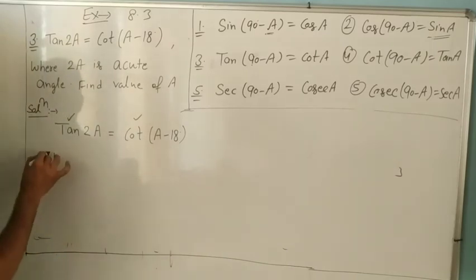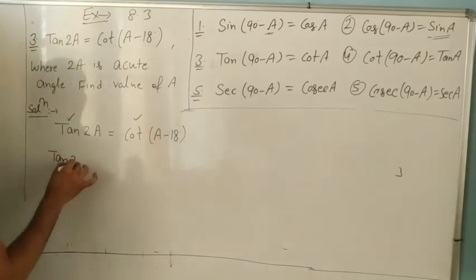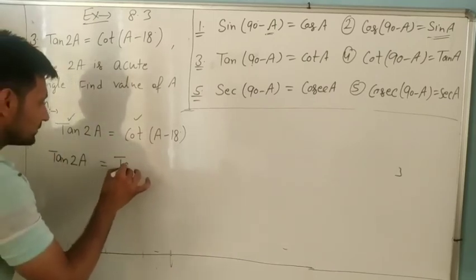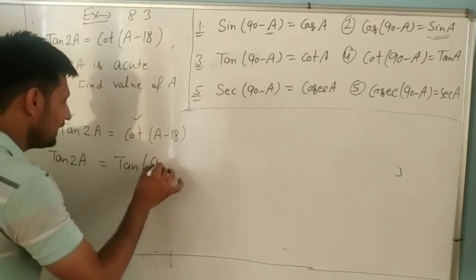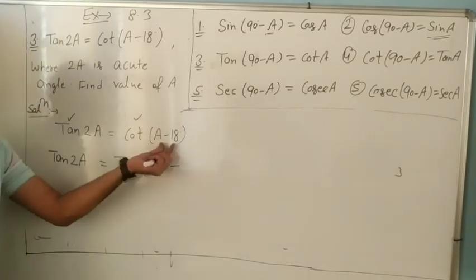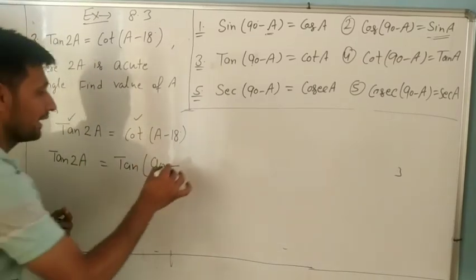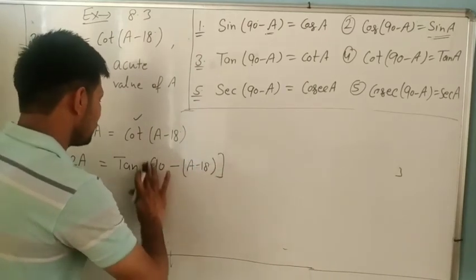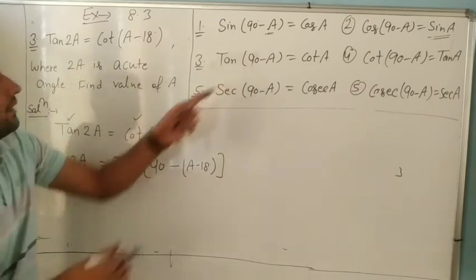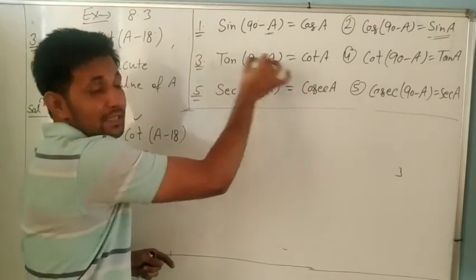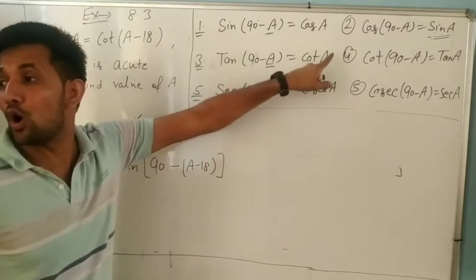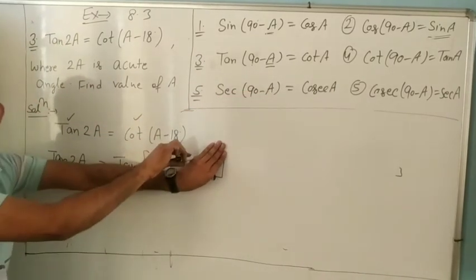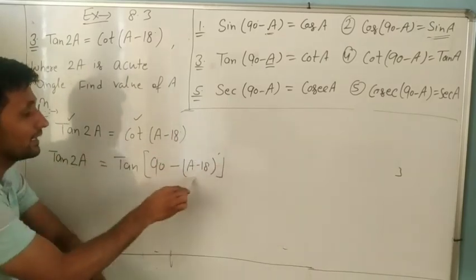Look at tan 2A. Can you write it, dear? Tan 90 minus what angle? Angle is A minus 18. Look at, no need to be confused. Tan 90 minus A angle is always cot of the angle, same as it is. Tan 90 minus some angle is cot some angle. What is the angle? A minus 18.